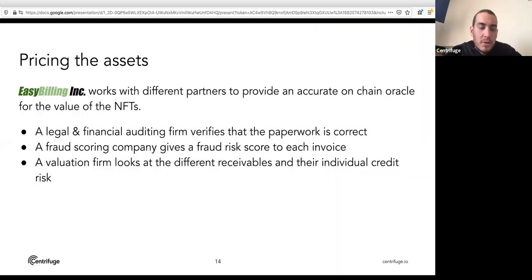So going through this process, Easy Billing sets up all of the necessary components. It creates a way to get the assets on chain.